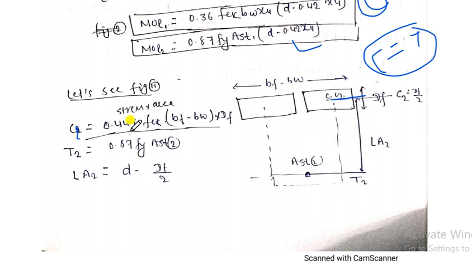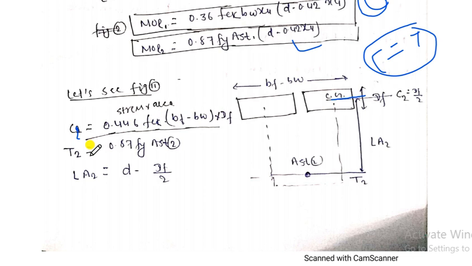C2 is equal to 0.446, as you can see from the above. 0.446 means the design compressive stress, 0.446 into area, where the area of this one is BF minus BW into DF, area into stress.